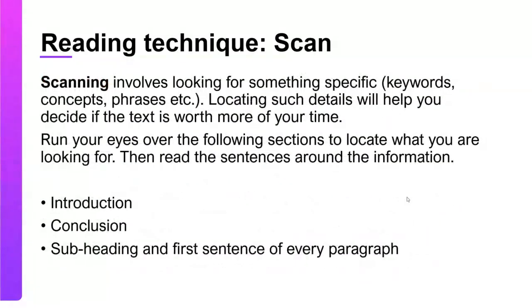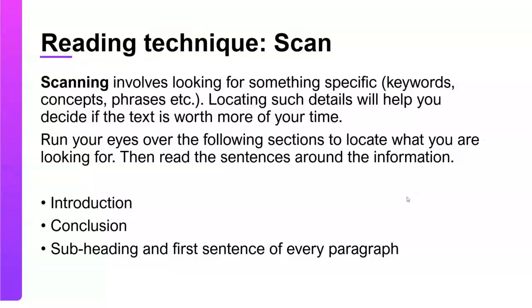So once we've decided, yep, I've skim read these ones and they look like they could be useful to me, then we're looking for specific things: those keywords, those concepts, any phrases that look interesting. We're going to run our eyes over the introduction, the conclusion, and the subheading and first sentence of every paragraph.